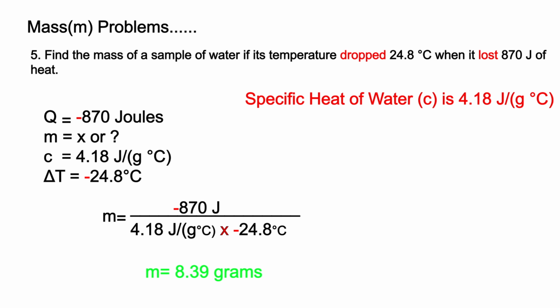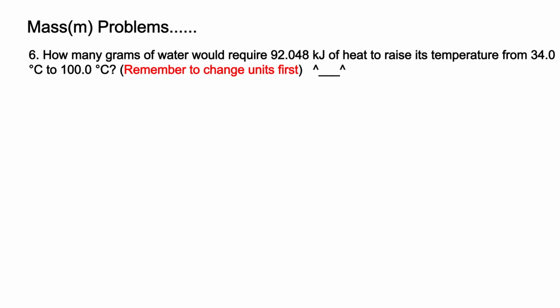This problem was easy. Let's do number 6. How many grams of water would require 92.048 kilojoules of heat to raise its temperature from 34 Celsius to 100 Celsius? Remember to change units first.